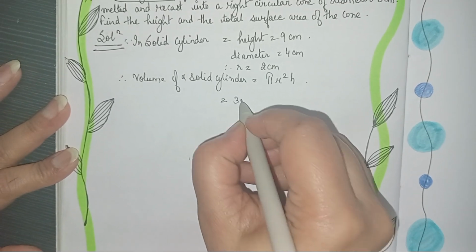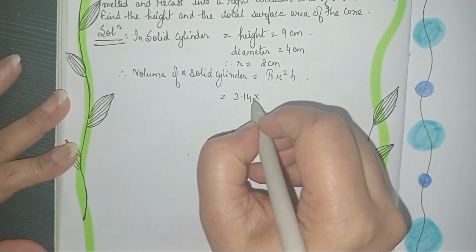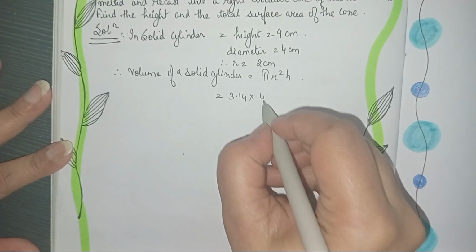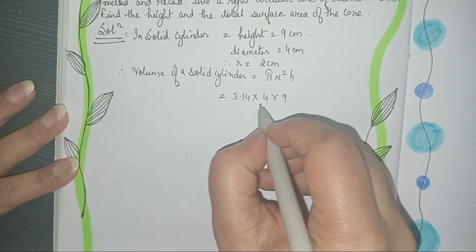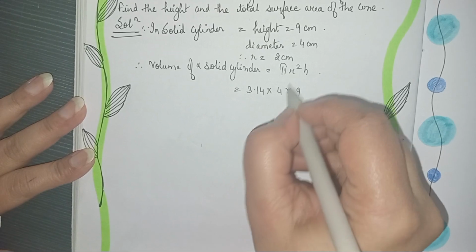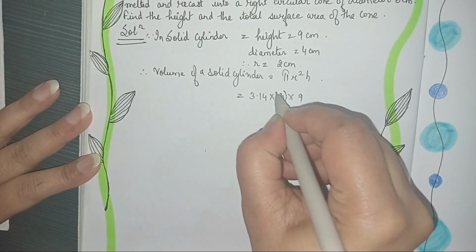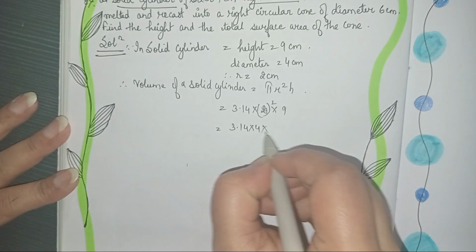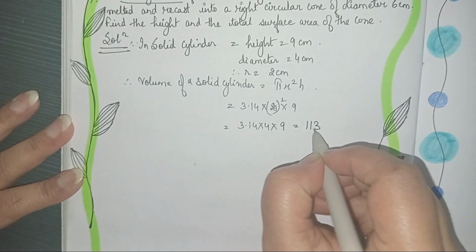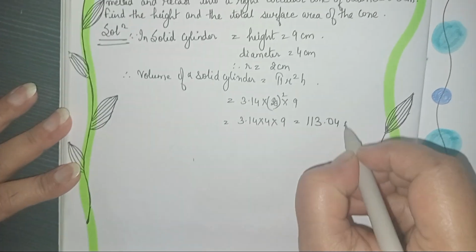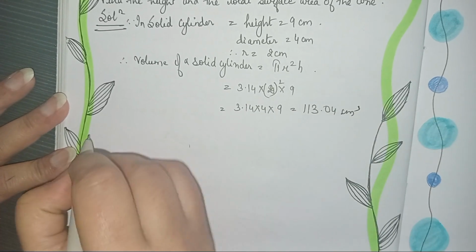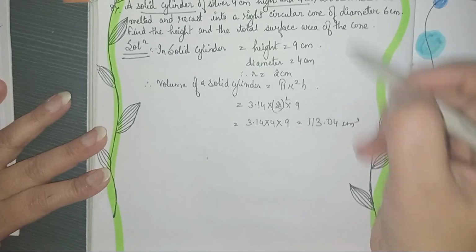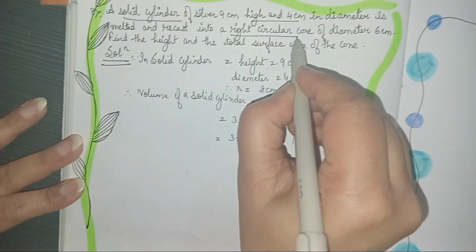It will give you 3.14, they have mentioned you have to use pi 3.14, into 4 into 9, 2 r square. 3.14 into 4 into 9 will give you 113.04 centimeter cube. Next part we'll solve simultaneously, step by step it will become easier.